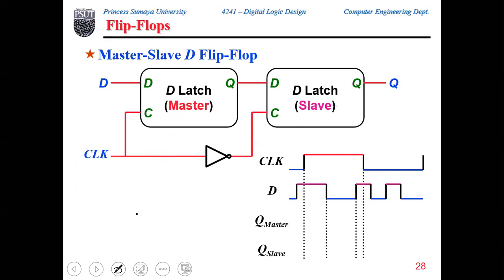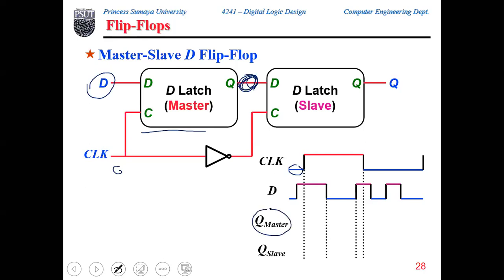So what happens now when the clock is 0, which is what we have here in this timing diagram? Clock is 0 implies this latch, the master latch, is disabled. So whatever happens on D will not change the intermediate Q that we have here. This value will be fixed, which is the Q for the master.